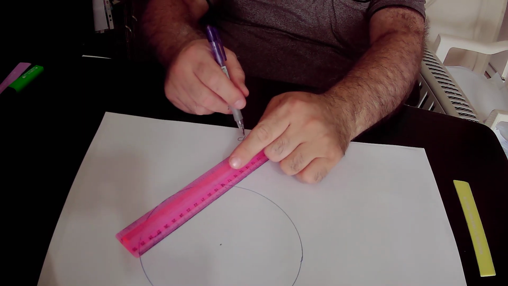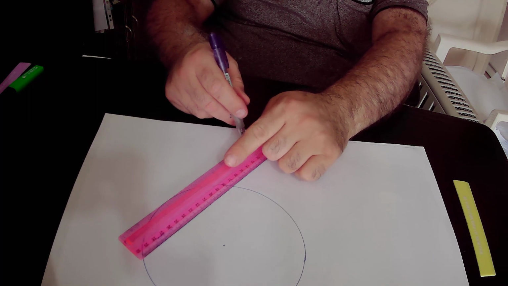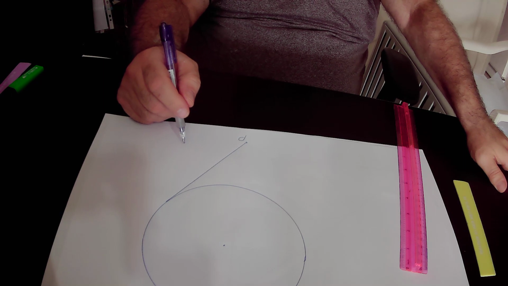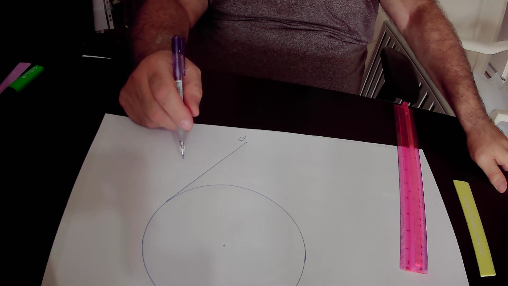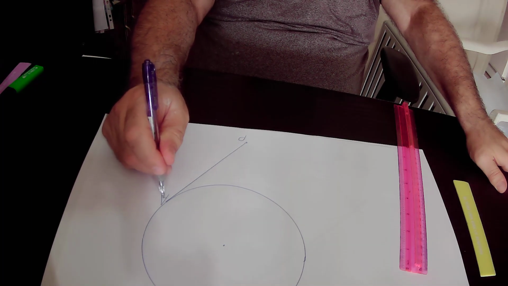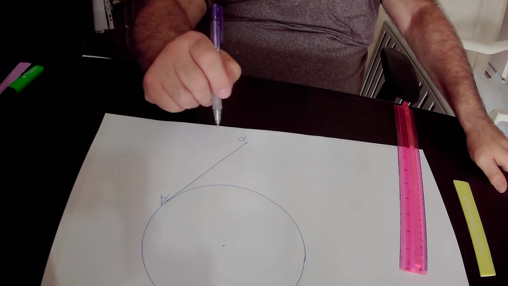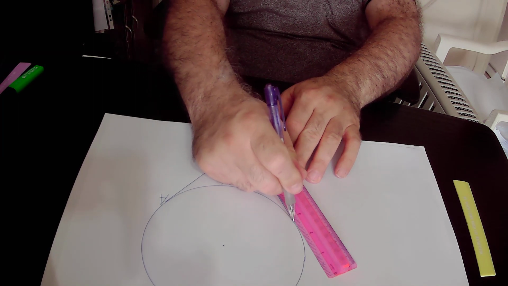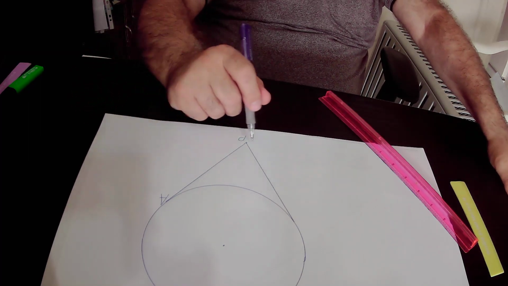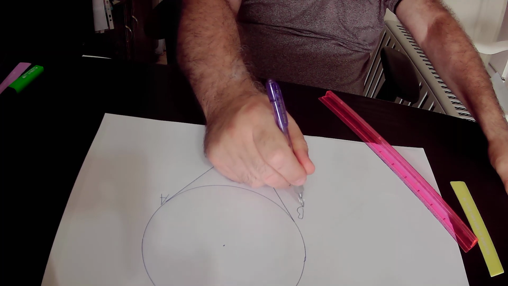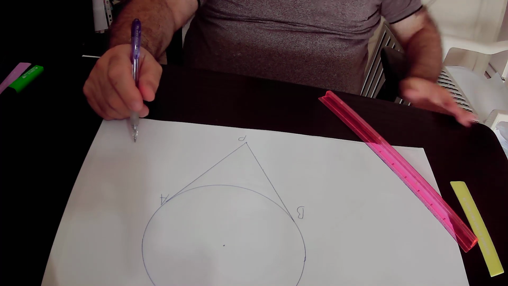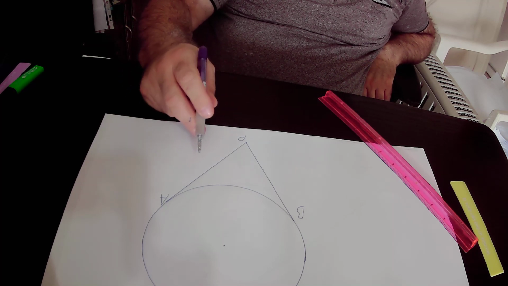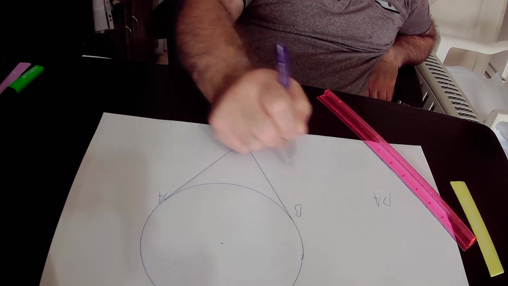the first tangent will be this tangent. And we will define the touching point between the tangent and the circle as point A. And then we will draw a second tangent to this circle from point P, and we will define the touching point between the second tangent and the circle as point B. So here, according to rule number 2, the length of the first tangent is PA and the length of the second tangent is PB.